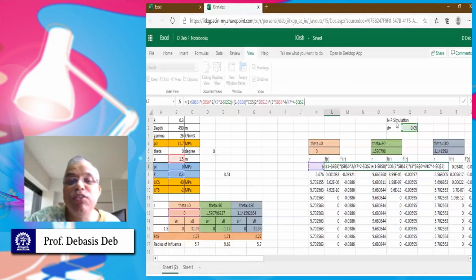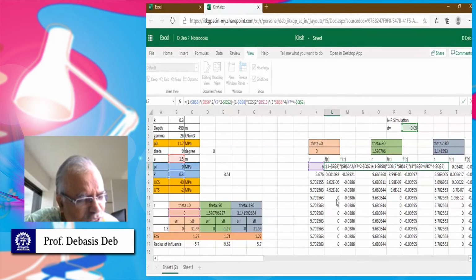So I'm using Newton-Raphson. I gave an initial guess of 6 meter, and the functional value F(R) comes to 0. You all know the formula of Newton-Raphson, right? Anybody can tell me? Or you probably forgot.